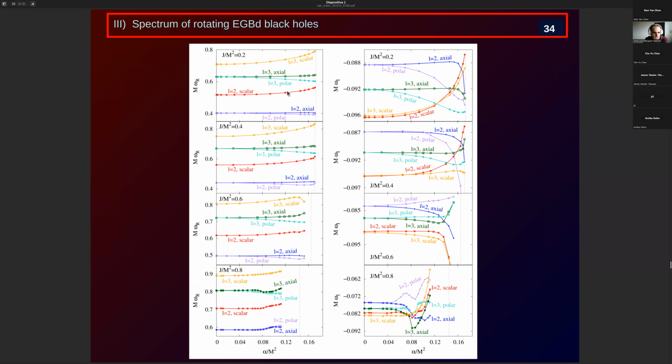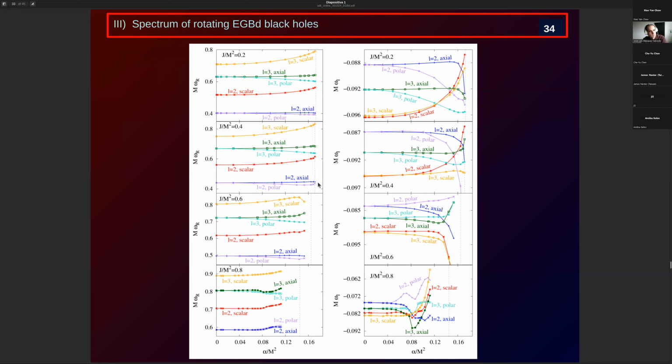Fine. Imaginary part, similar idea. Now you start to increase the coupling, okay? As you increase the coupling, you break isospectrality. Maybe here the scale doesn't allow you to see, but the axial and the polar modes are not the same. And eventually the difference between axial and polar becomes larger.